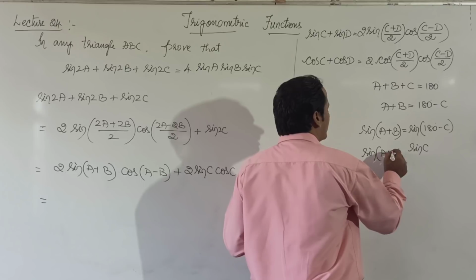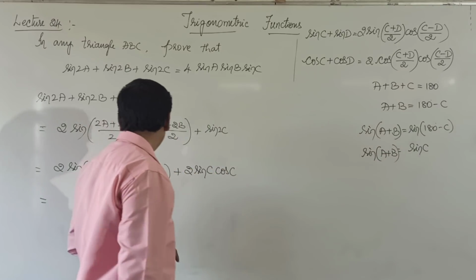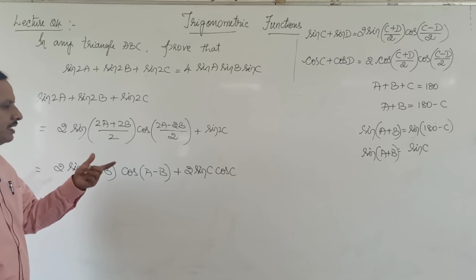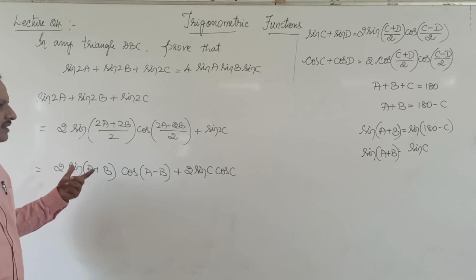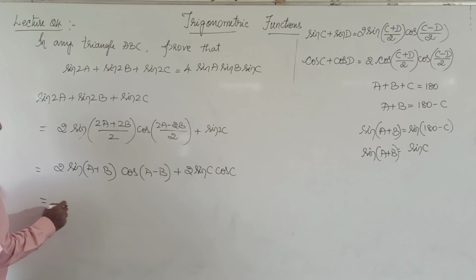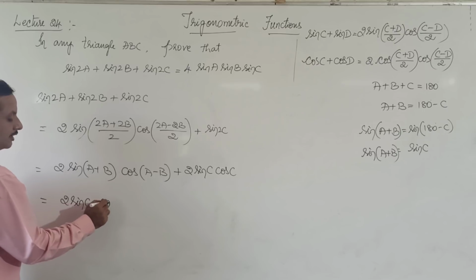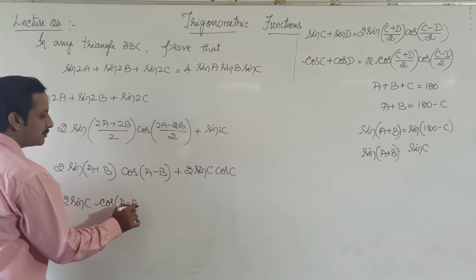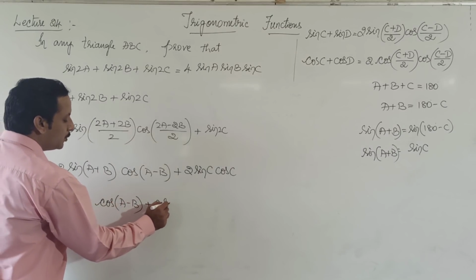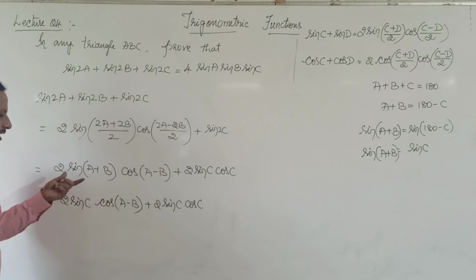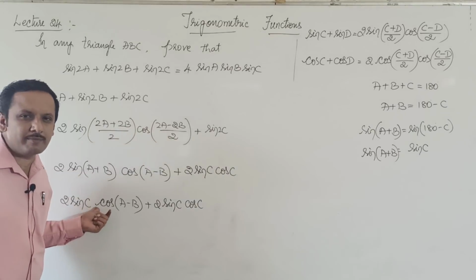So what I do now is I replace this sin (A plus B) with sin C. So we will get 2 sin C into cos (A minus B) plus 2 sin C cos C. See, I am not saying A plus B is equal to C, that is not what I am trying to say.